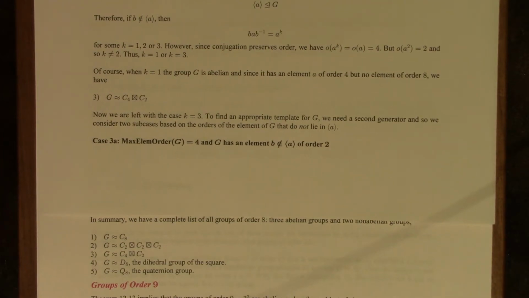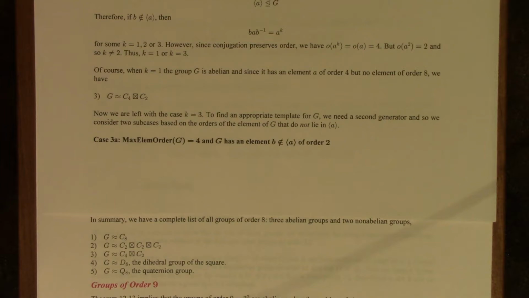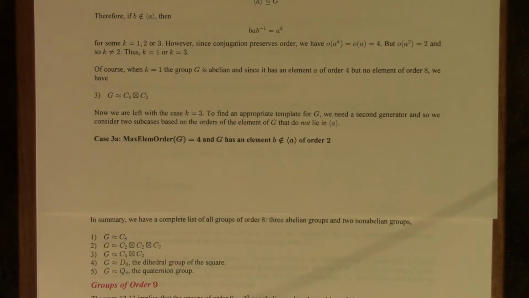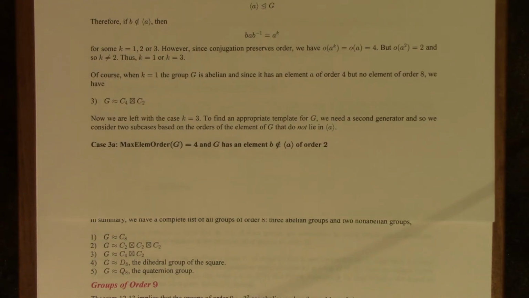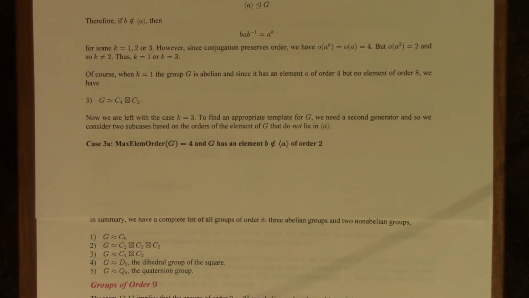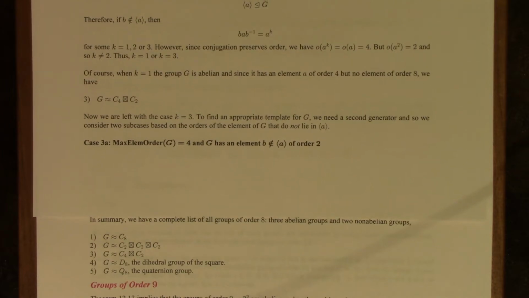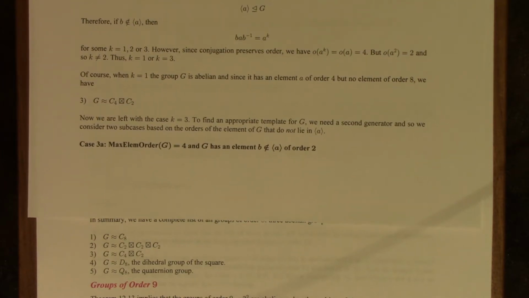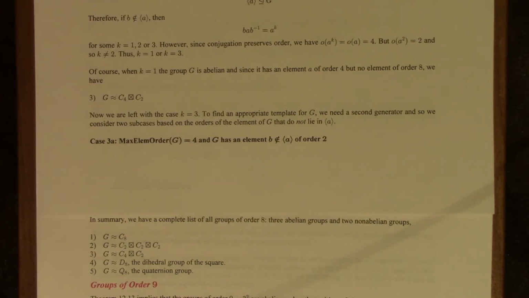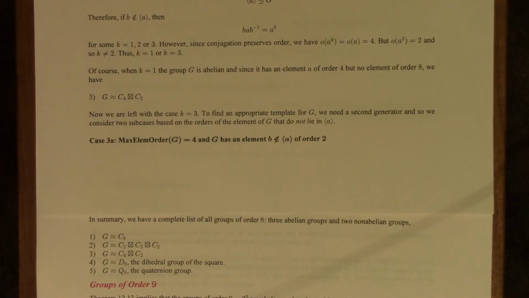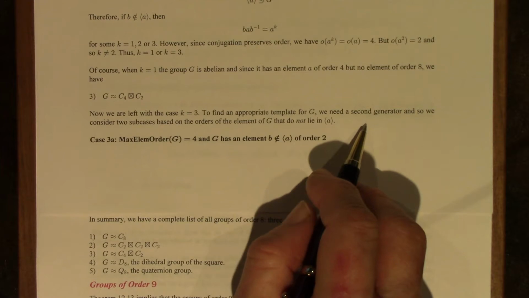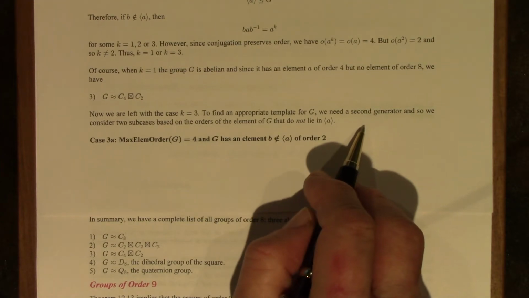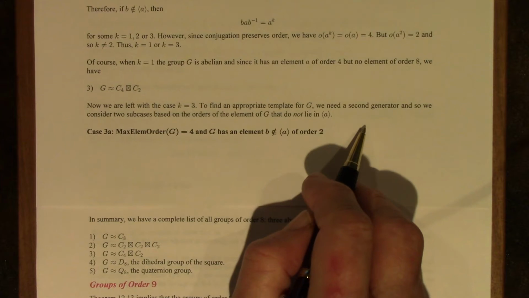To find an appropriate template for G, in other words, to describe enough properties of G so that we have a template that is satisfied by a unique group, and then we can say this is the only group left, we need a second generator. All we have so far is the element of order 4, which generates a subgroup of order 4.